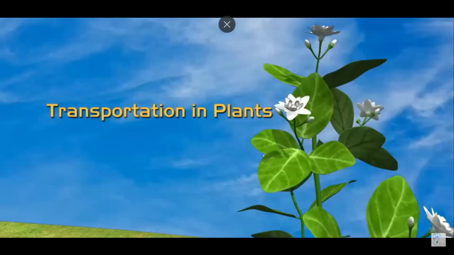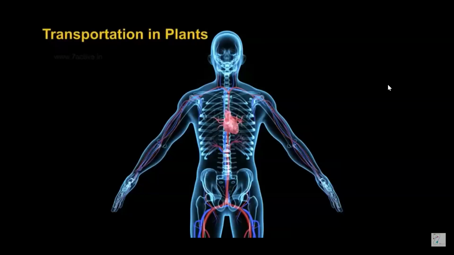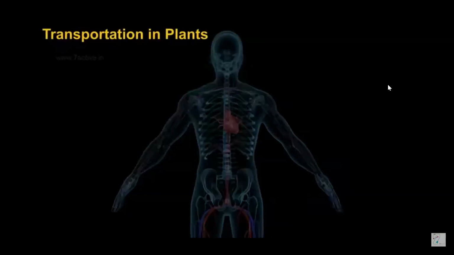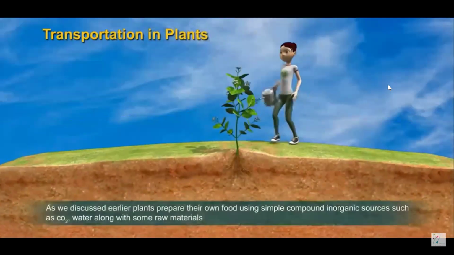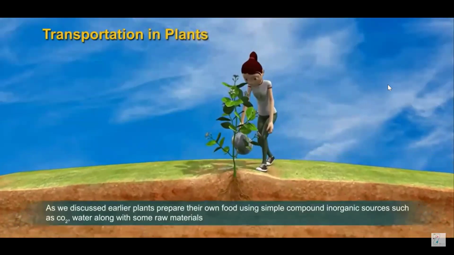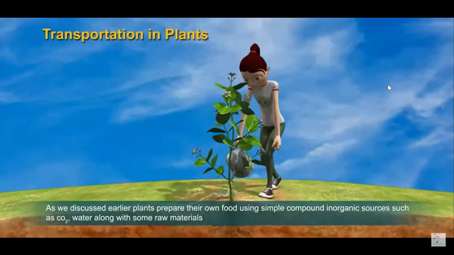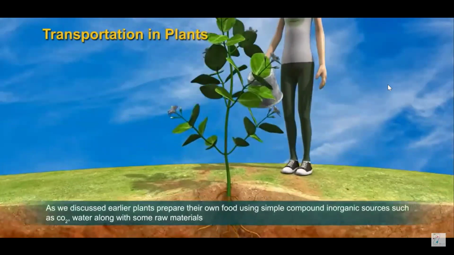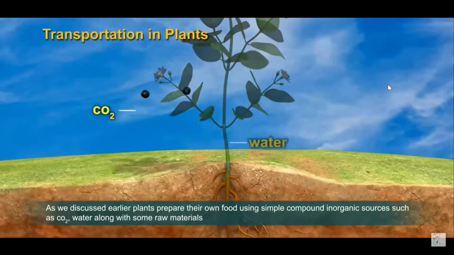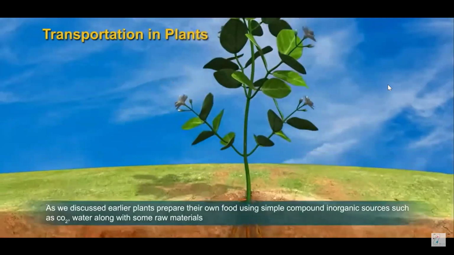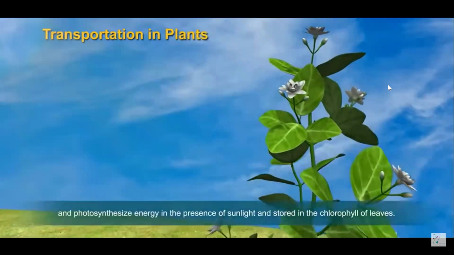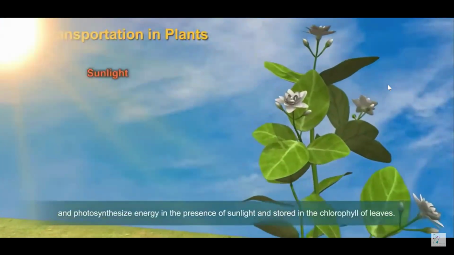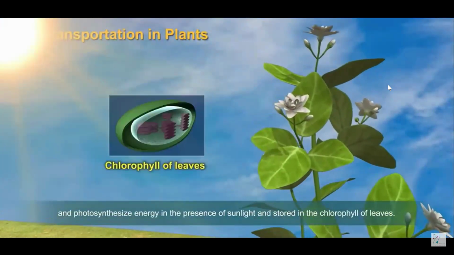Transportation in plants. In the previous section, we have learnt about transportation in human beings. Now, let us learn transportation in plants. As we have discussed earlier, plants prepare their own food using simple inorganic compounds such as CO2 and water, along with some raw materials, and photosynthesize energy in the presence of sunlight, stored in the chlorophyll of leaves.